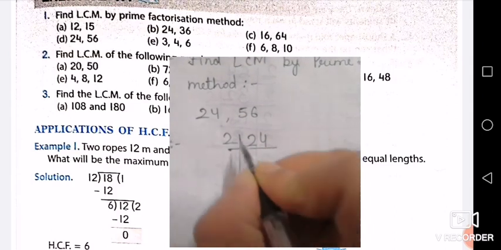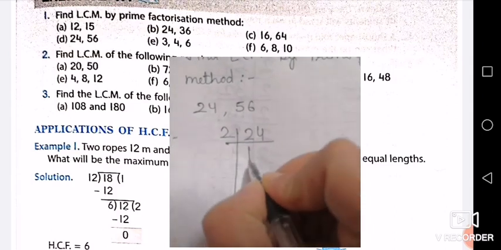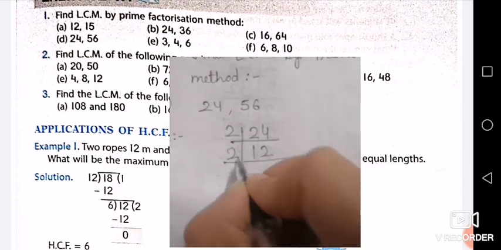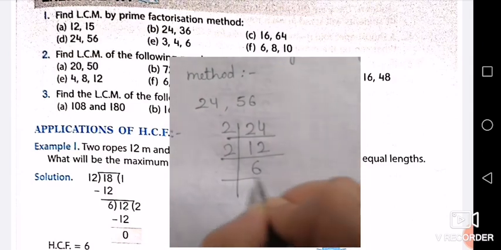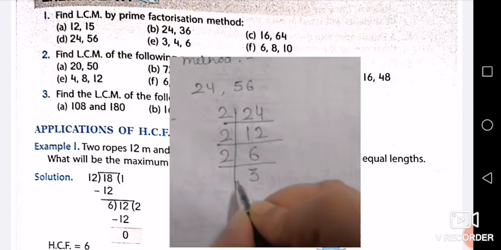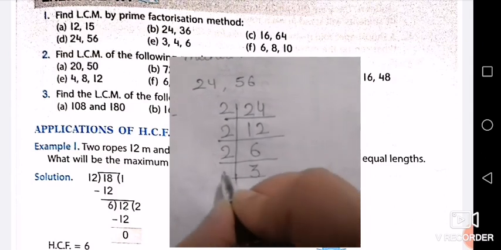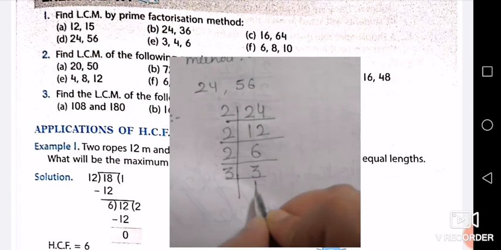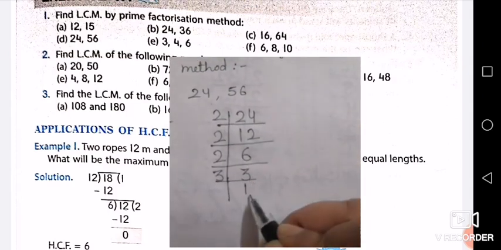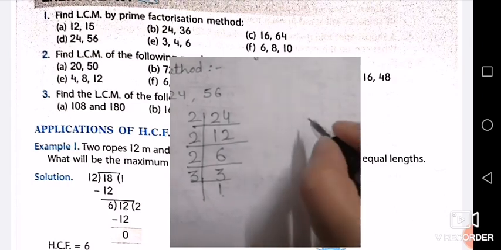It will go on 2 1s are 2, 2 2s are 4. Again 2 2 6 are 12. Again 2 2 3s are 6, and then 3 1s are 3. So we have to do this division until we get 1 as a quotient.